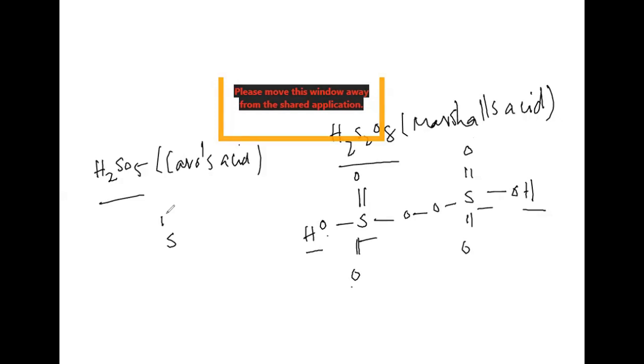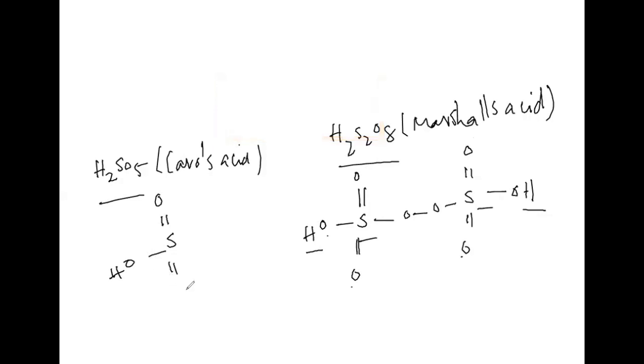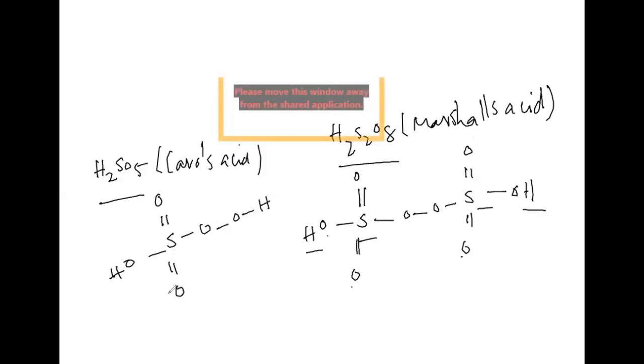Even if you come to H2SO5, I'll be taking it like this, HOH and a double bond, H2SO5. I'll be taking 3 oxygens here, oxygen, oxygen, H like this. This is peroxymonosulfuric acid.